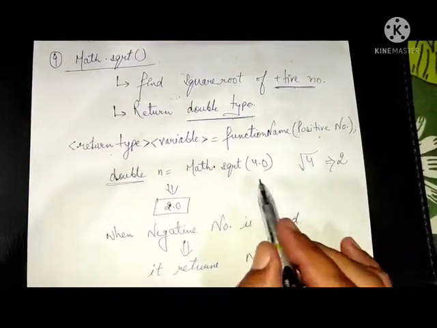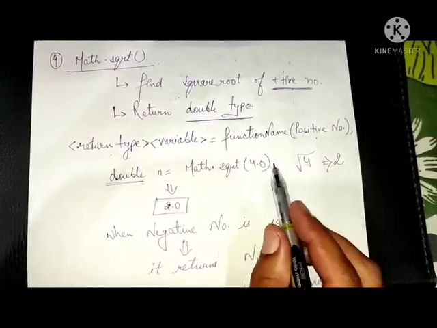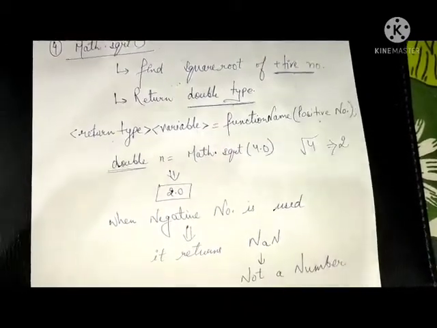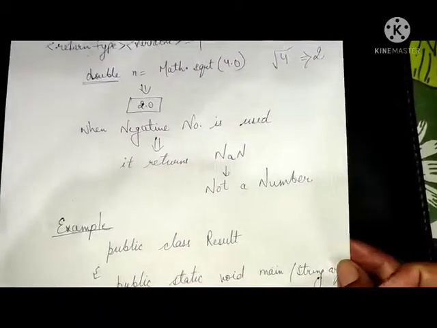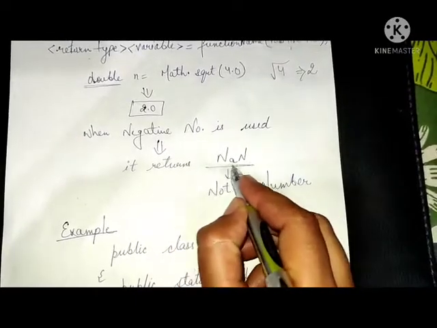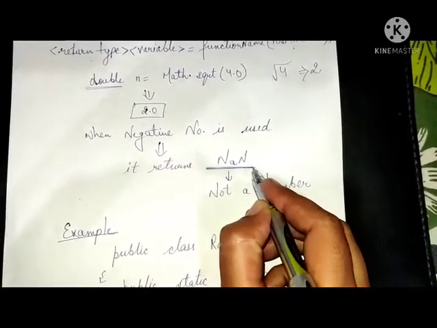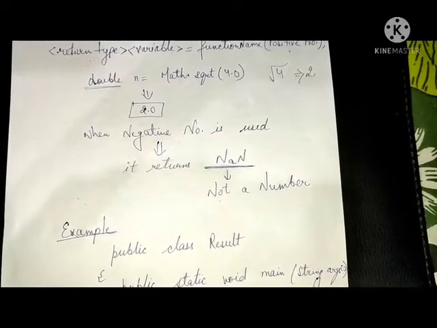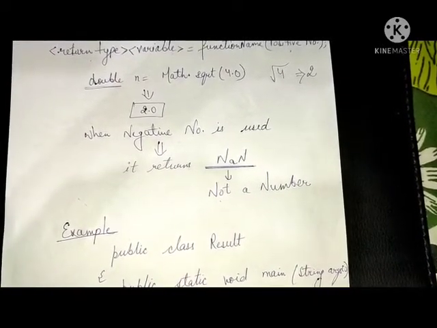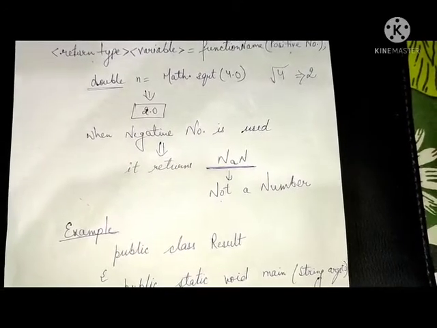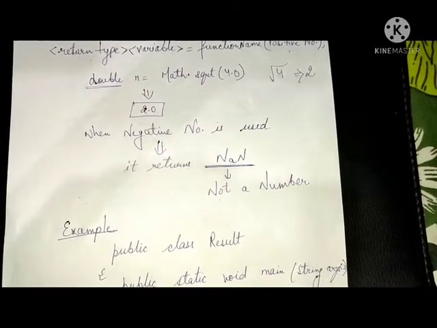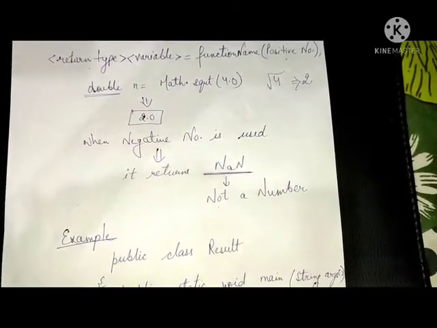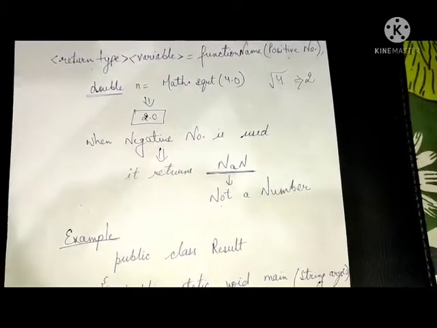When you pass negative value instead of positive value, then it returns a different result, that is it returns NaN. What is the meaning of NaN? Not a number. It will not consider the negative number as a number. You have to pass only positive number to the square root method.